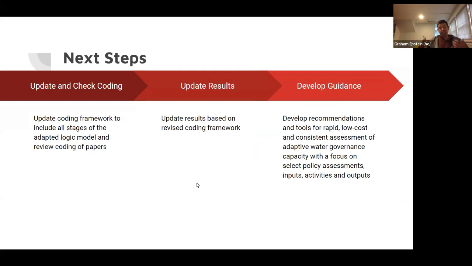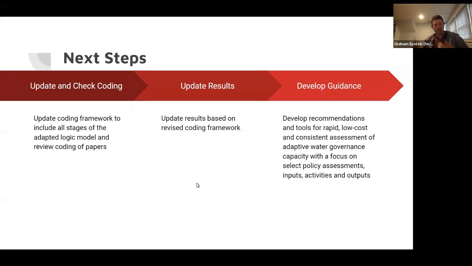We do think this is going to focus more on developing tools for measuring policy content, inputs, activities, and outputs as a way to complement other approaches. I want to highlight that we're not suggesting that focusing simply on these dimensions should be the only way water governance assessments are done.